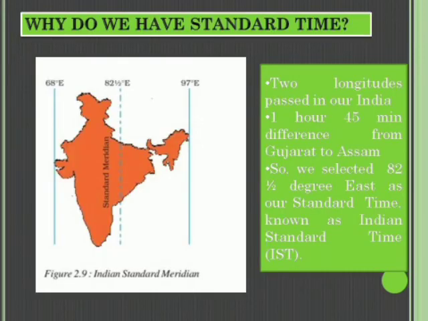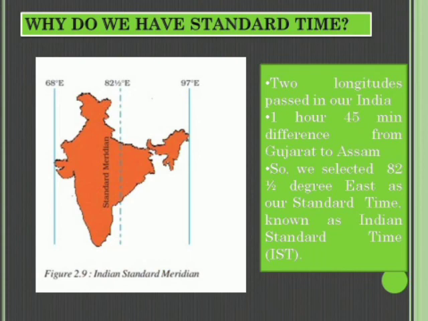Why do we have standard time? For our India, children, two longitudes pass through it. Then what will we do? Which time can we take? It may be from Gujarat to Assam, and it takes a 1 hour 45 minute difference.